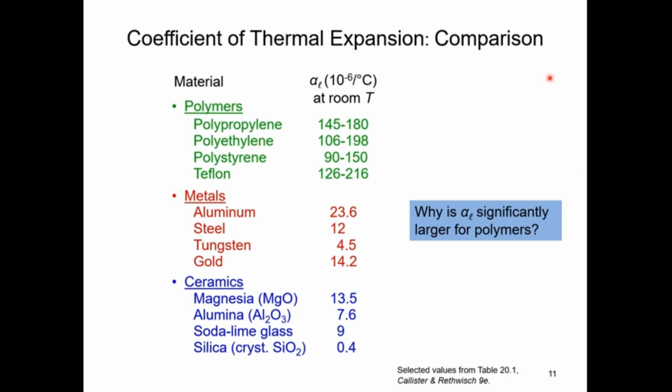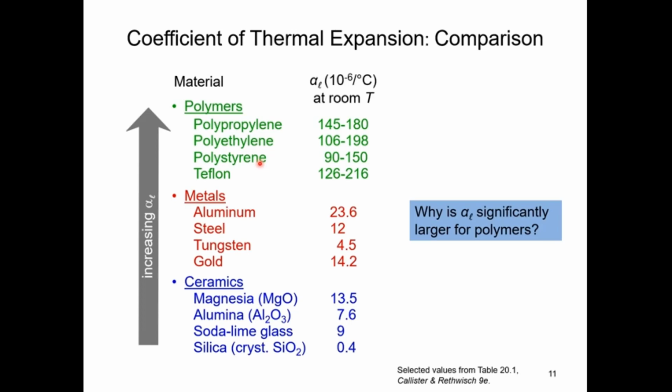They are not close packed, and adding heat to these molecules makes them go even further apart. That's why polymers have a low melting point as compared to metals and ceramics, because their intermolecular bonds are weak and far away from each other.